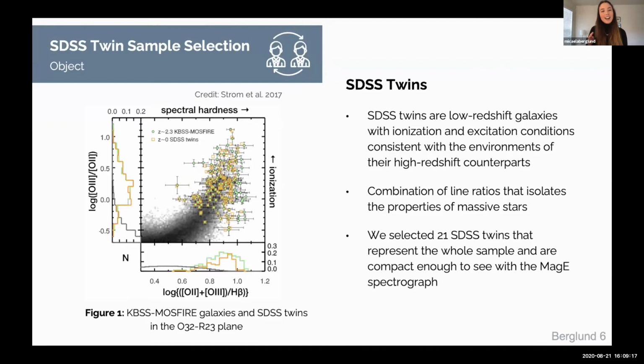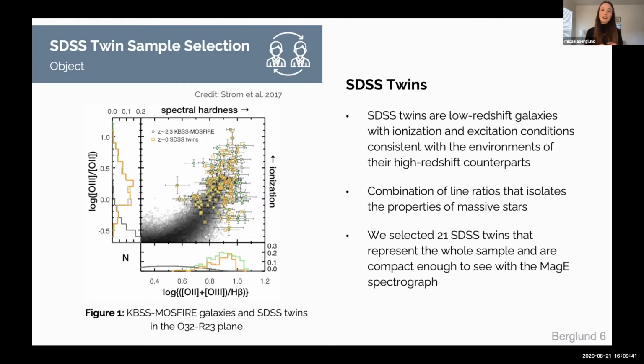On the y-axis, we have increasing ionization, and on the x-axis, we have increasing spectral hardness. Where we have all the green dots, those are the Keck Baryonic Structure Survey, KBSS, high redshift galaxies that we're interested in. And then the yellow squares are the low redshift Sloan Digital Sky Survey, SDSS, twins.